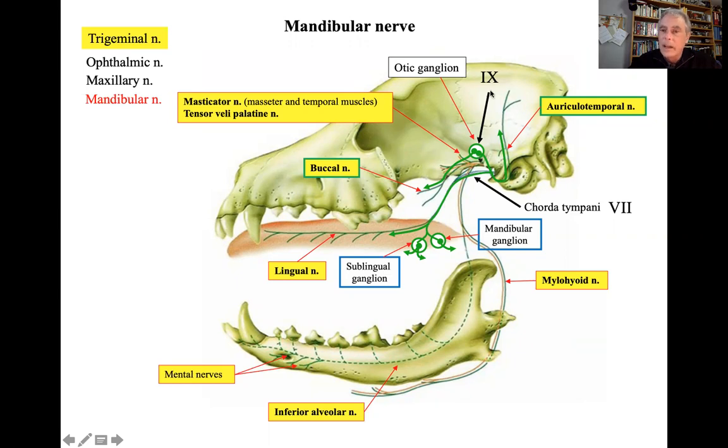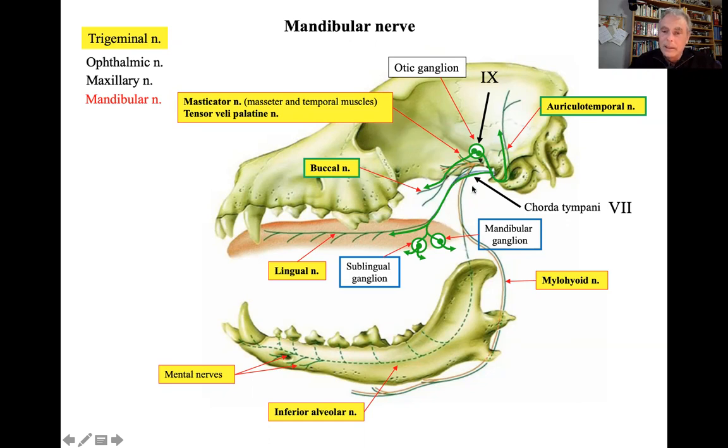And the fibers from the glossopharyngeal nerve join the buccal nerve in order to innervate the zygomatic gland in carnivores, and they join the auriculotemporal nerve to innervate the parotid salivary gland.